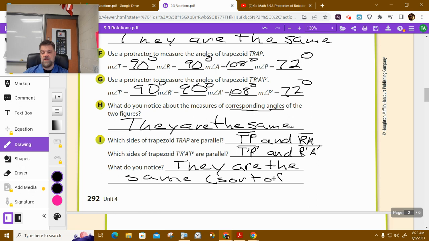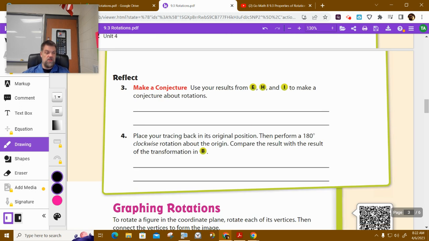Math is very technical. It's very formal in its language. They're not exactly the same, but the corresponding parallel lines are parallel, right? TP is parallel to RA. T prime P prime is parallel to R prime A prime. Now, what does that tell us about the image and pre-image?